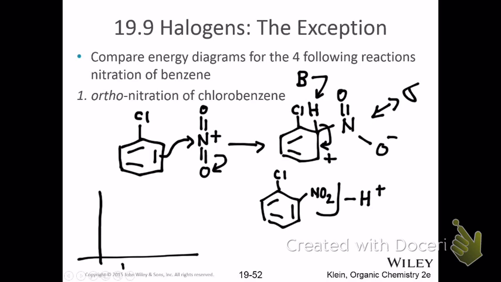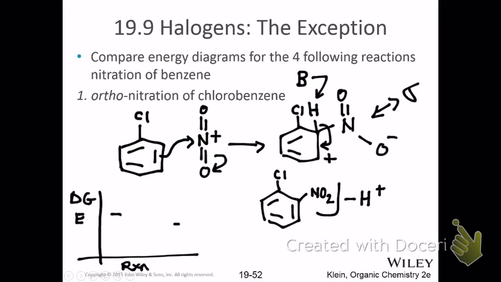So at the bottom, this is the reaction coordinate. On the right, we have energy or free energy. Here's my reactant. Reactant and product are not that different in energy. Okay. But going to be a little bit lower.